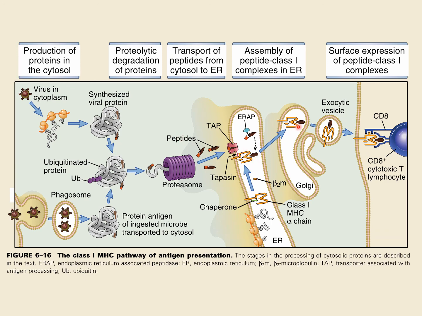These molecules are then released outside by means of exocytotic vesicles, and they are displayed on the surface. On the surface of the antigen presenting cell, they interact with the cytotoxic T cells, or CD8 T cells, as the CD8 receptors bind to the non-polymorphic region of the MHC class 1 molecule.